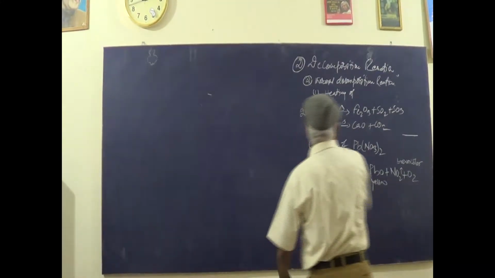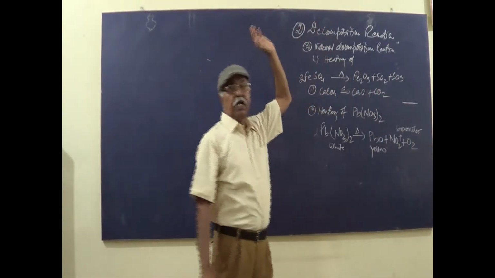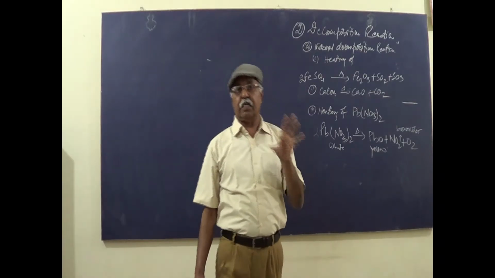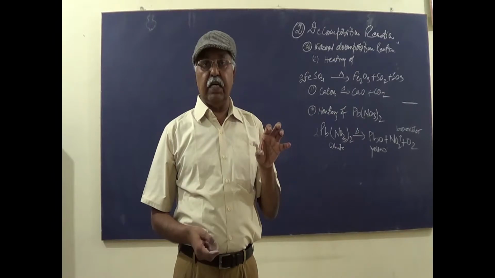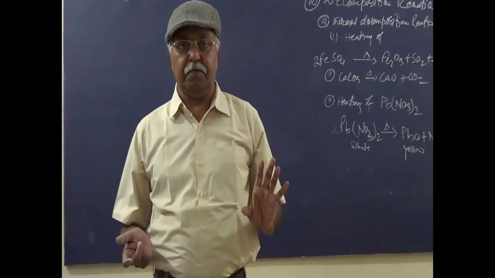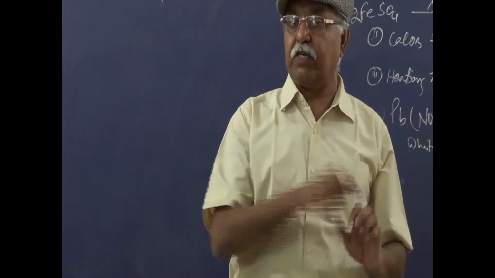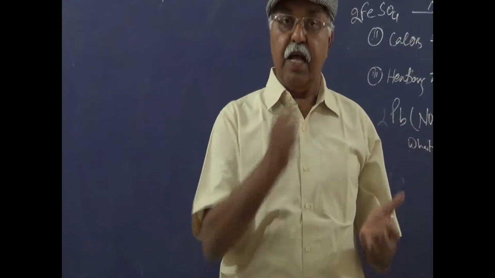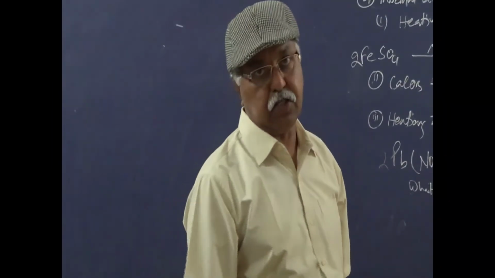I have already written it, just see, it will be easier for us. Decomposition term itself signifies the chemical reaction in which a single reactant decomposes into 2 or more products. In the combination reaction, 2 or more reactants combine to form a single product. Here the reactant decomposes into 2 or more products and byproducts.